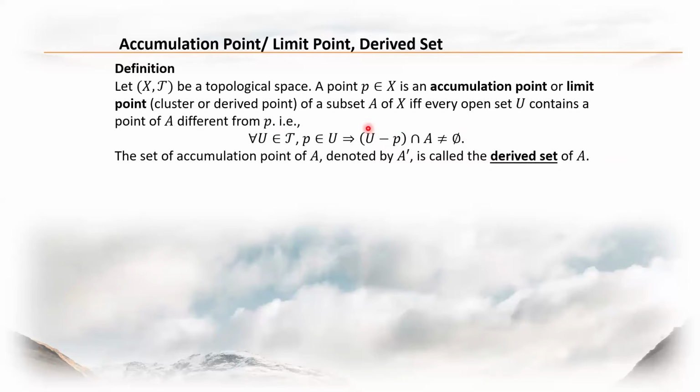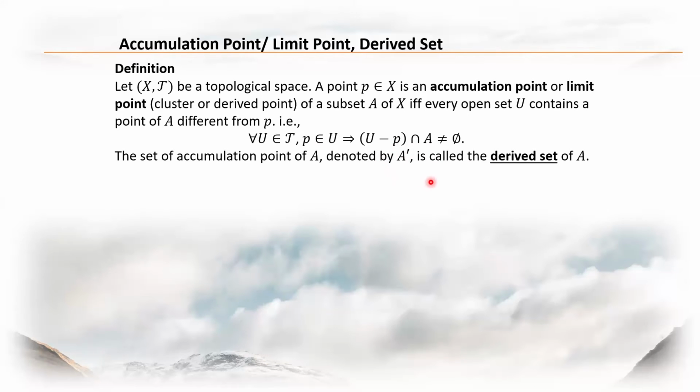Meaning, if that open set contains the point P and the intersection of your A with that open set without P is empty, then P is not an accumulation point. And then if you collect all the accumulation points of A, you form another set, which we call the derived set of A. And we denote that by A prime.